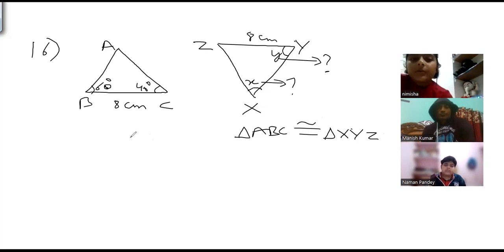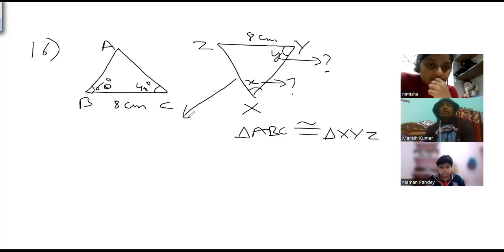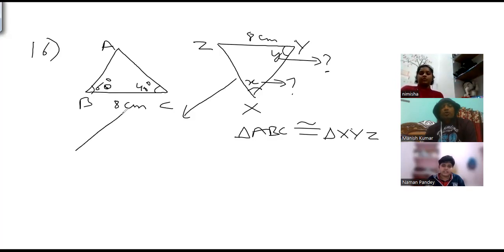So first, it is given ABC is congruent to XYZ triangle. So angle B is equal to angle Y. Let us draw this triangle in the way ABC has been written, so that it will make the answer simple. Let us draw a triangle like this.